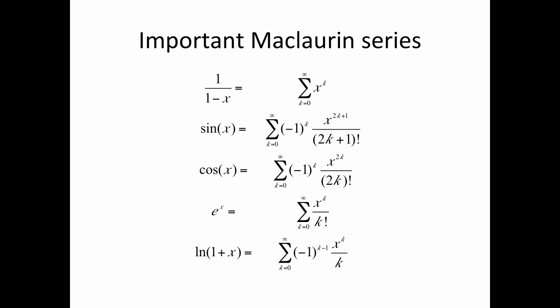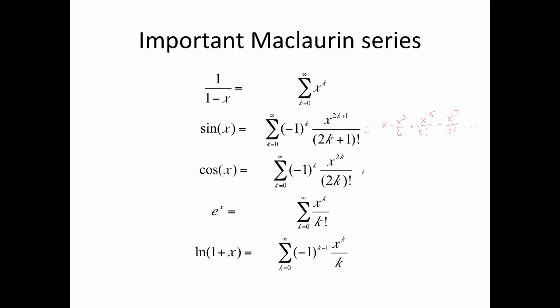So that gives us this series, which we can write out as x minus x cubed over 6 plus x to the 5th over 5 factorial, or 120, minus x to the 7th over 7 factorial, and so on. We get the odd terms.